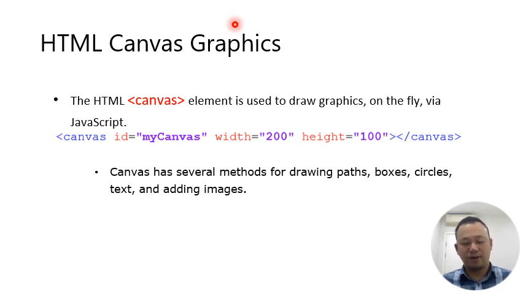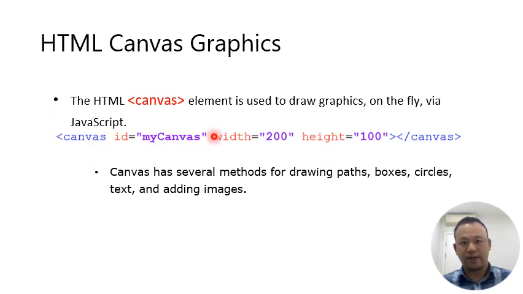Canvas is an ordinary element, but the content of canvas is a collection of objects which creates a graphic via JavaScript, and canvas is displayed in PNG format. Canvas has several methods for drawing paths, boxes, circles, text, and adding images.